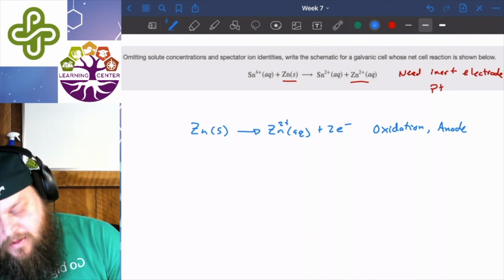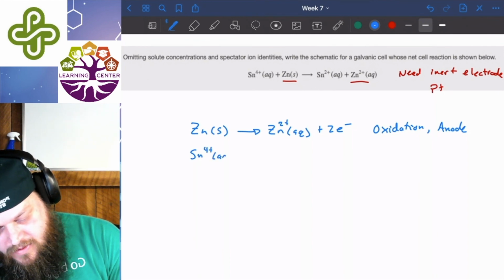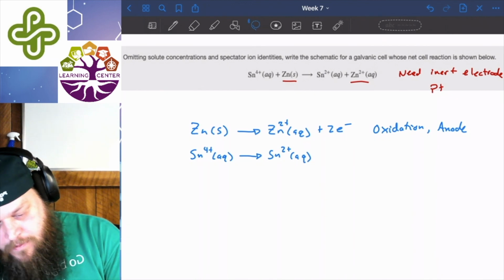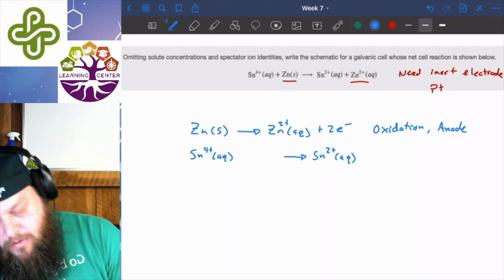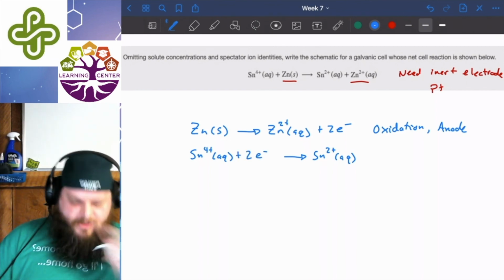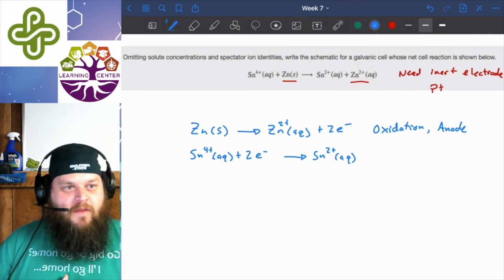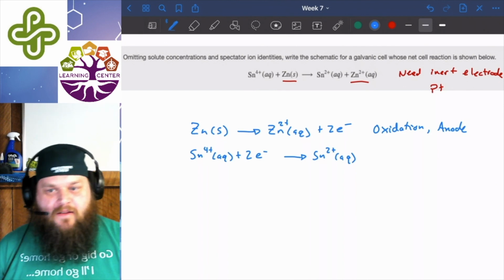The second one starts out Sn4+ aqueous, and that's producing Sn2+ aqueous. And the electrons are going to have to be a reactant just to balance the charge on both sides. So we have a 2+ charge on the right side. We need a net charge of 2+ on the left side to make sure that's balanced.